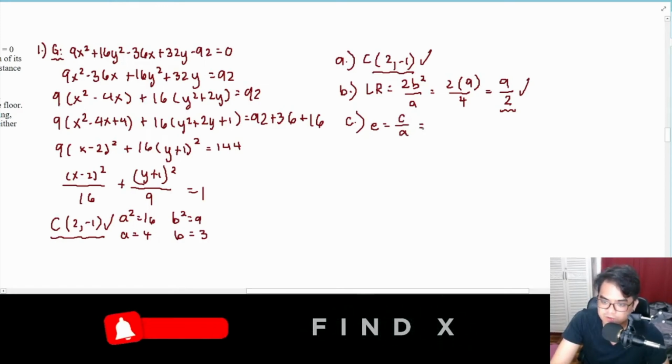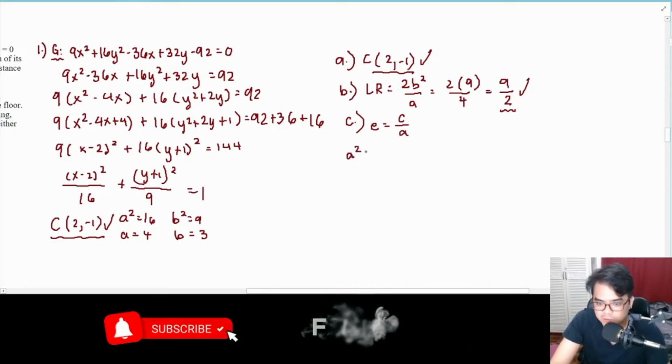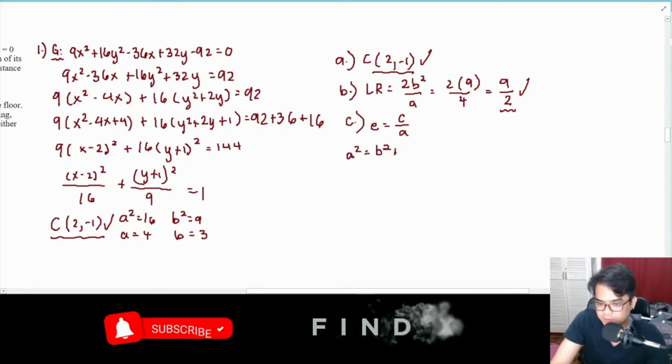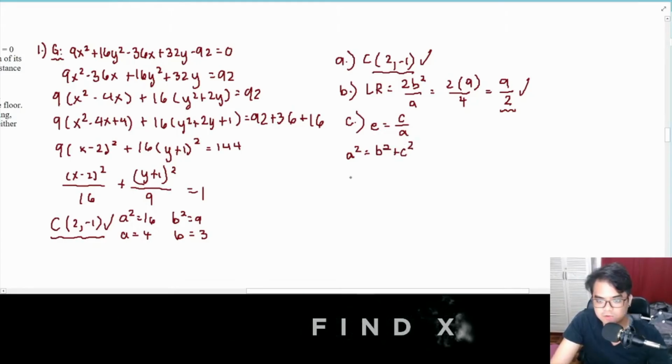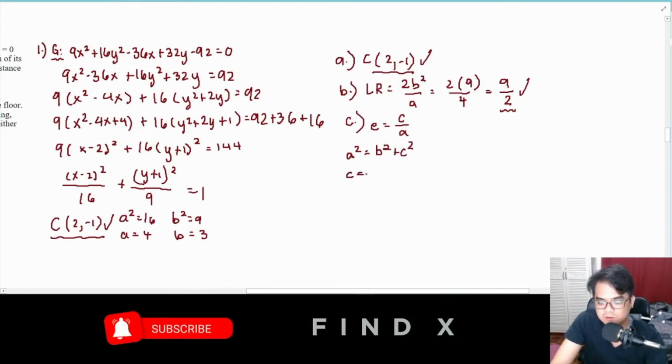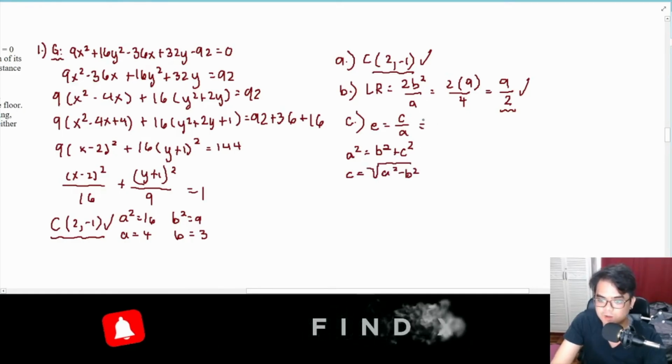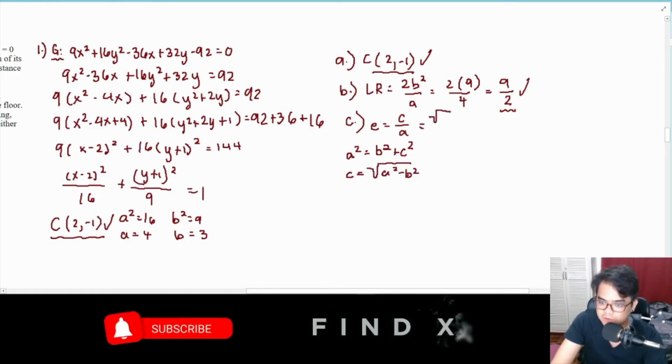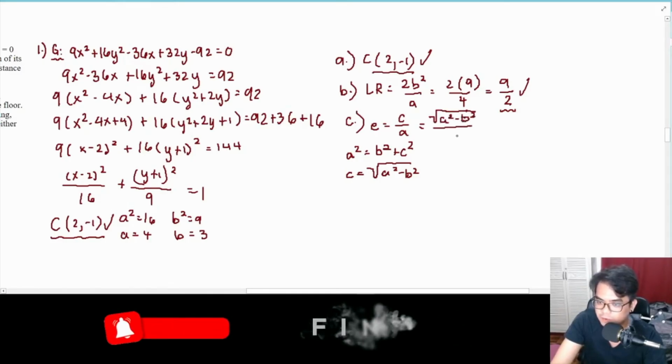Since a squared is equal to b squared plus c squared, we can know that c is equal to the square root of a squared minus b squared. So let's substitute that. You'll have the square root of a squared minus b squared all over a.